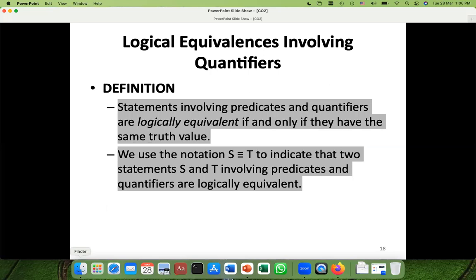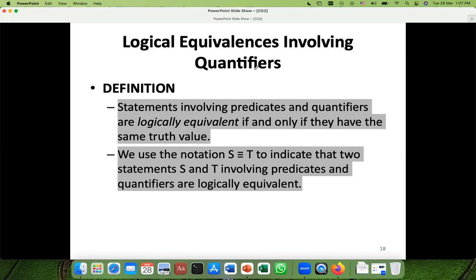Then logical equivalences. We are almost revisiting the previous things that you saw in chapter 1, but now we are seeing them with quantifiers and predicates. Logical equivalences within the quantifiers. Previously you saw how you can say that different propositional functions or propositions are logically equivalent to each other. There are two ways.